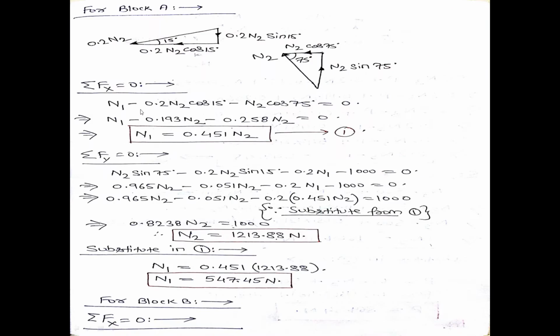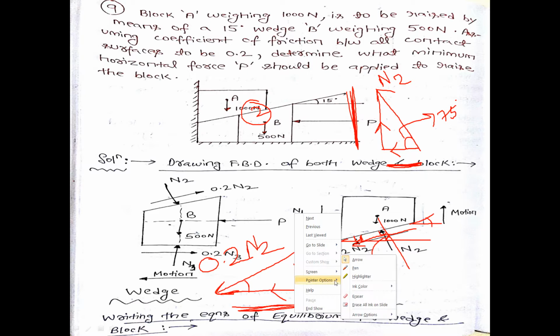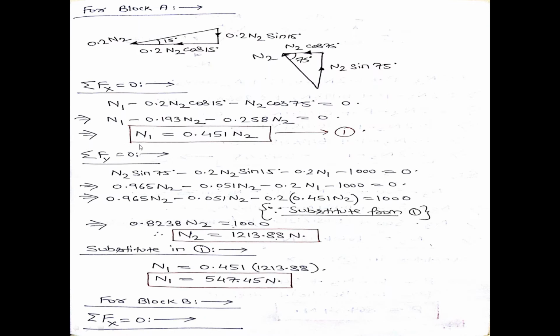First I have written summation Fx equal to 0. That means I can write plus N1 minus N2 cos 75 minus 0.2 N2 cos 15 equal to 0. No other force is present. There is no other force along the x axis.